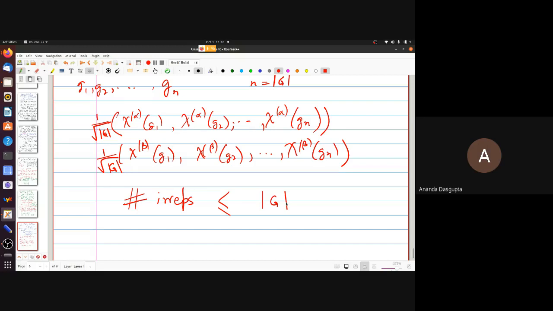So the set of all such vectors, if you take them together, will be a linearly independent set. You cannot have more linearly independent vectors in a vector space than the dimensionality of the space. Since each irrep in our list of inequivalent irreps corresponds to one such vector, the number of elements in our list cannot exceed the dimensionality. But it doesn't say it has to be equal to, right?